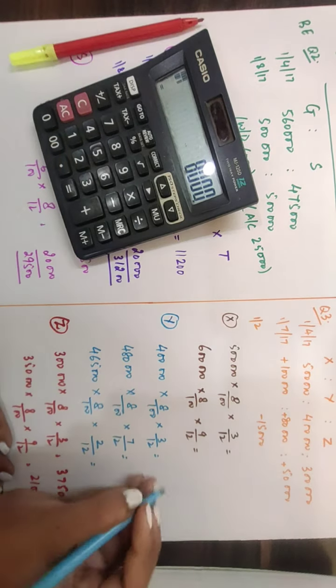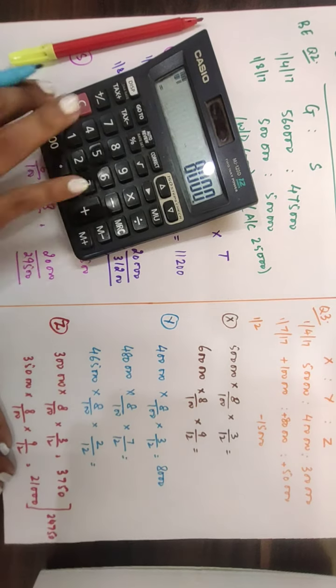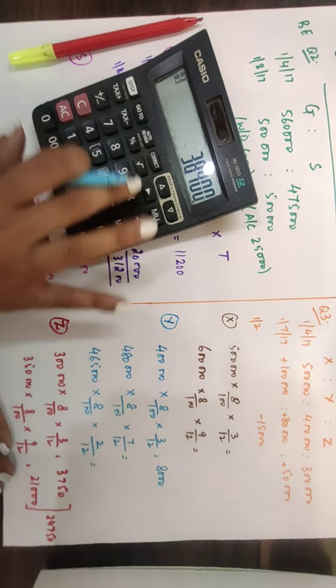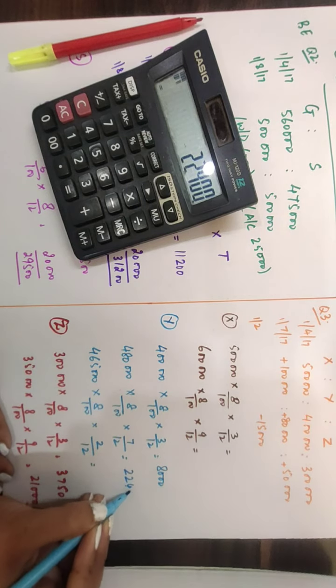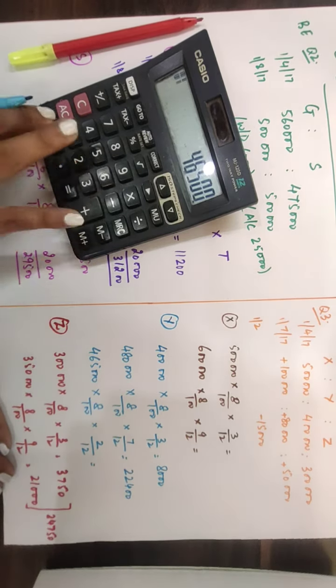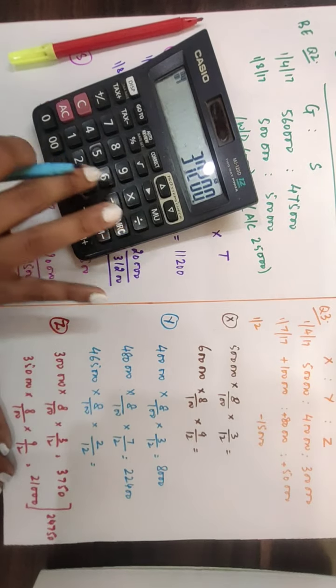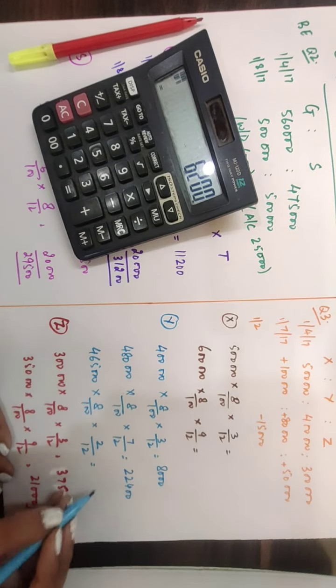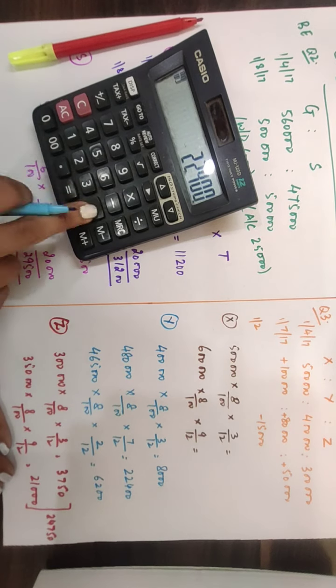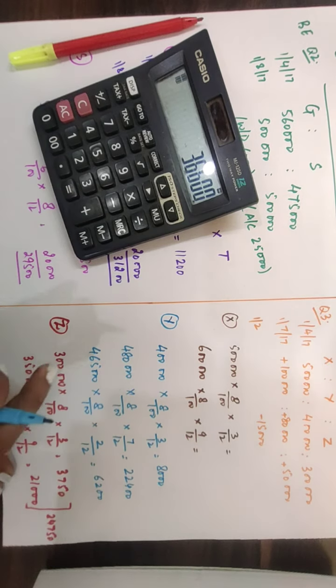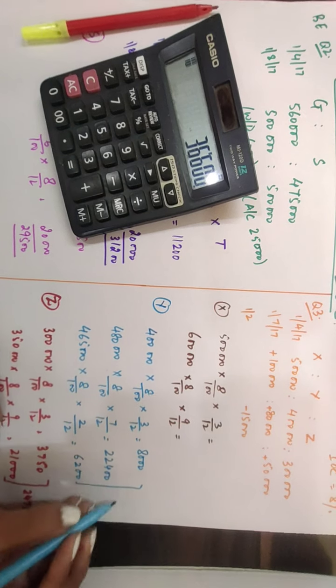It is 8,000 for 3 months. Then 4,80,000 into 8% into 7 upon 12. It's 22,400. And then it is 4,65,000 into 8% into 2 upon 12. It gives you 6,200 plus 22,400 plus 8,000. It gives you 36,600. Yeah, that's correct.